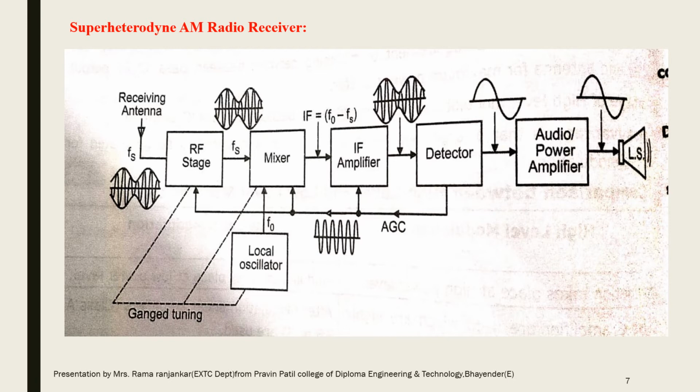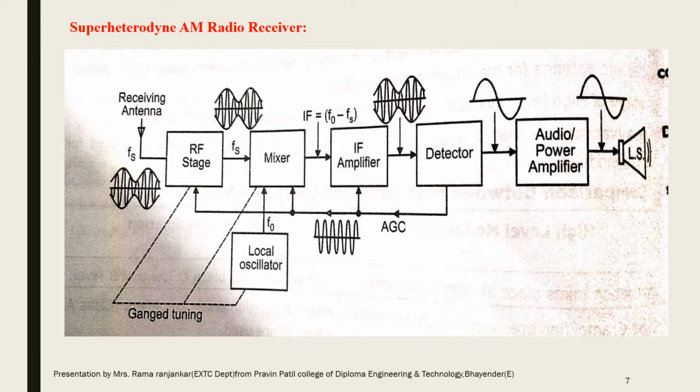When FS is less than FO, it is called a heterodyne circuit. And if FS is less than FO, meaning FO is greater than FS, then it is called a super heterodyne circuit. Here we select the local oscillator frequency high rather than the signal frequency, and so this circuit is named super heterodyne AM radio receiver.